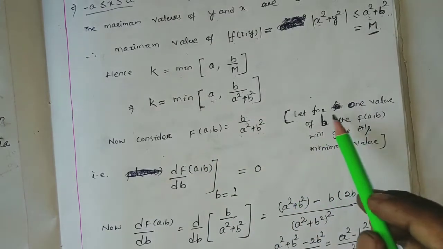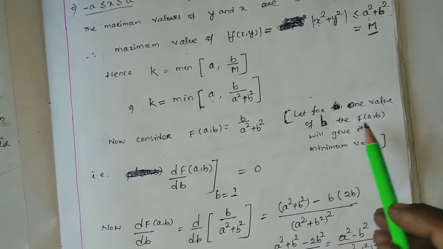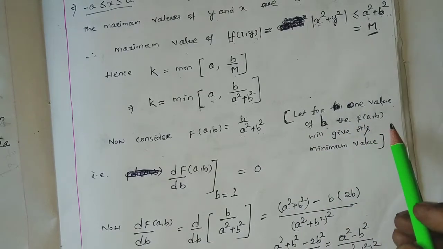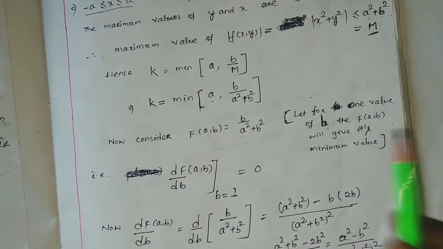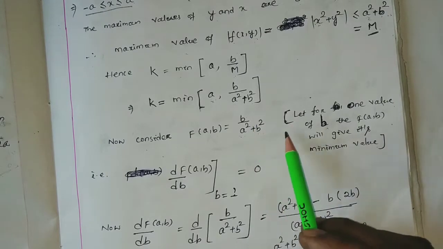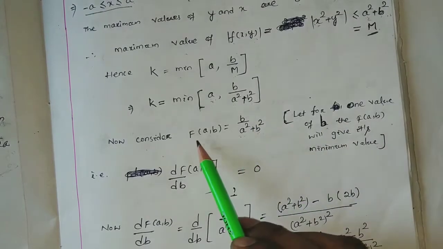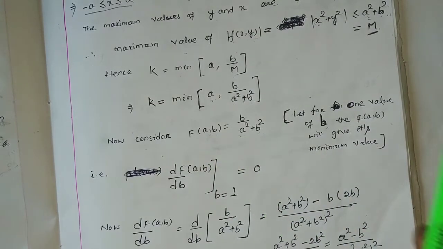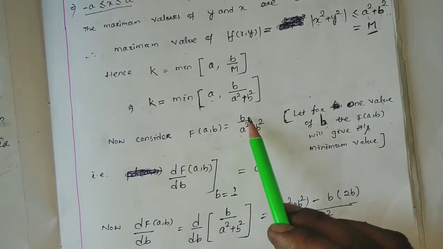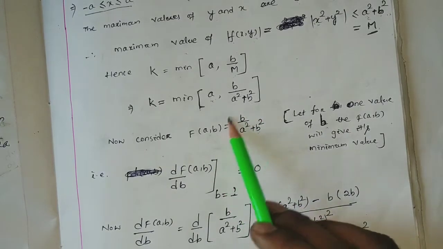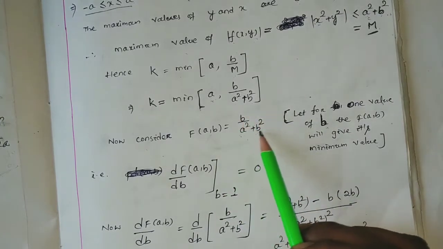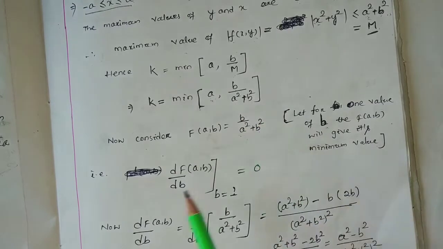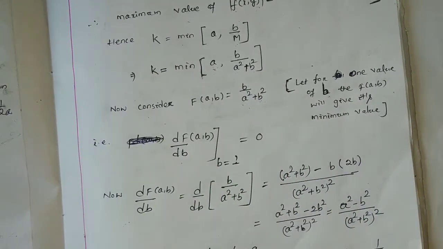For one value of b, f(a,b) will give its minimum value. Now we are going to consider that for a particular value of b, this f(a,b) gives its minimum value. That means if I differentiate this with respect to b, it will give the value 0.